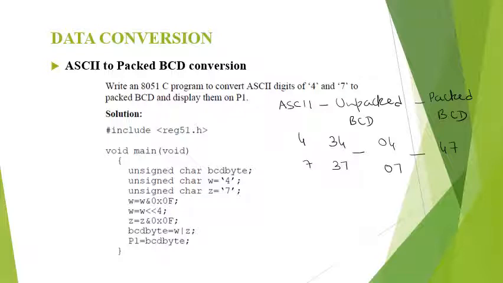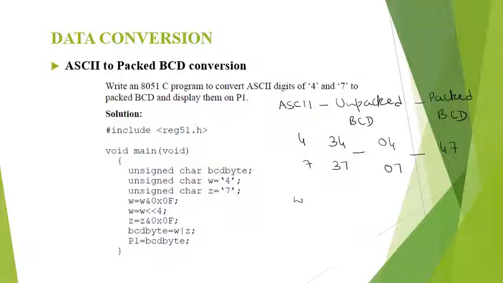Write an 8051 C program to convert ASCII digits 4 and 7 to packed BCD and display them on port P1. So we have the program written. In the main function we have declared the variables BCDbyte, W and Z. W is assigned the ASCII digit 4 and Z is assigned the ASCII digit 7.